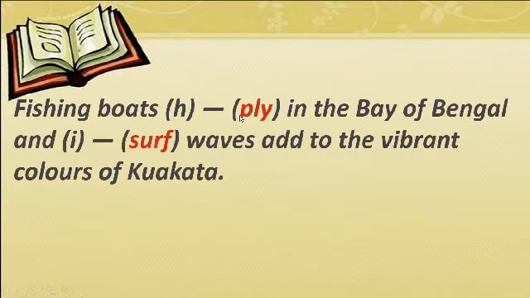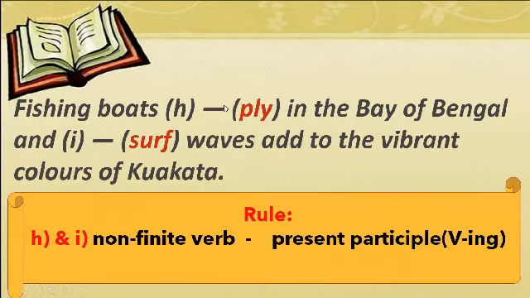Fishing boats (ply) in the Bay of Bengal and (surf) waves add to the vibrant colors of Kuakata. Dear students, this is a compound sentence, and here add is the main verb for the whole sentence. And here also you will find the action verbs, which are non-finite verbs.